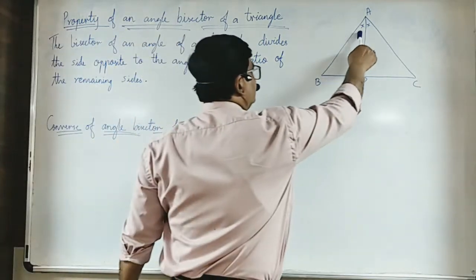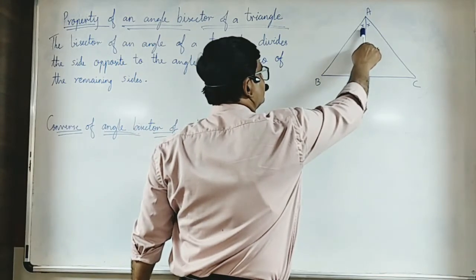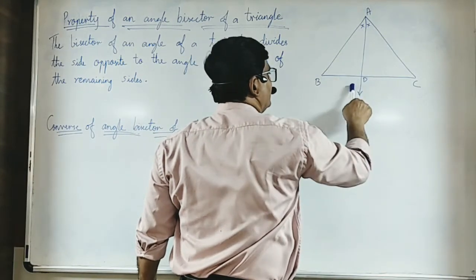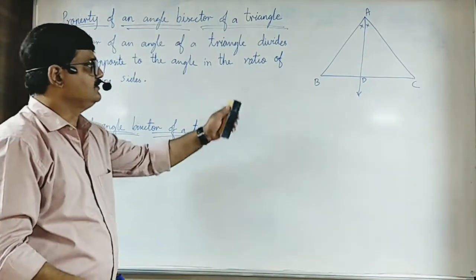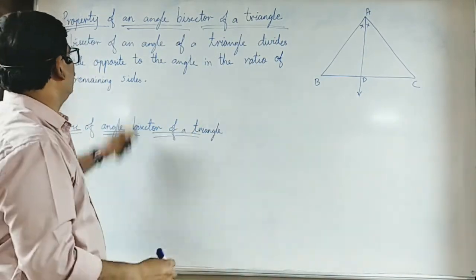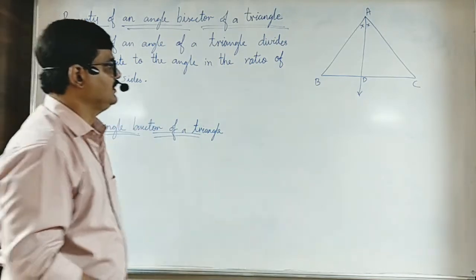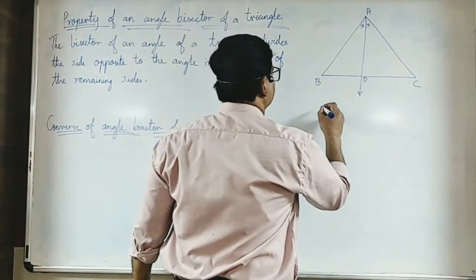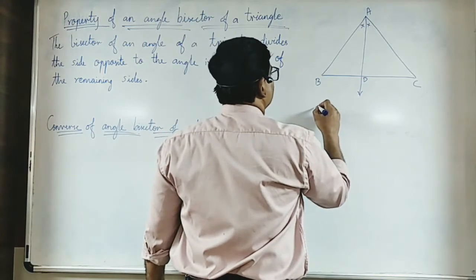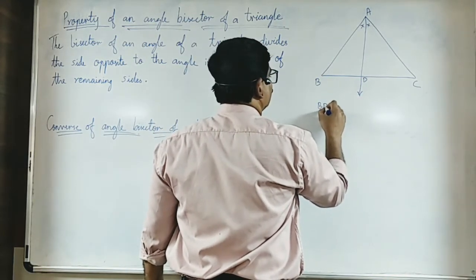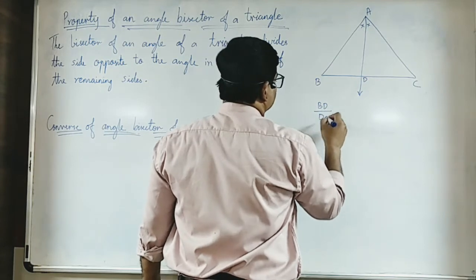Now this is your angle, and AD is the bisector of this angle. It divides the side opposite to that angle, which here is BC, into two parts in a ratio. So in this case we have BD upon DC.